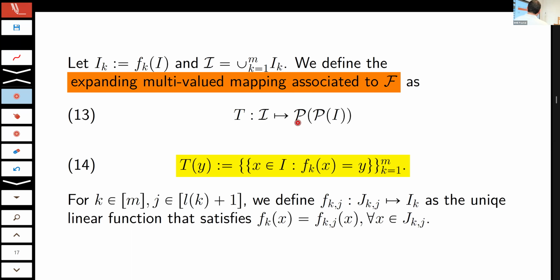Yes, I know it's a bit confusing this way because it seems like a union can do the same thing, but it actually can't. I want to make sure I'm not just following which function is being used, but also which affine piece of the function is being used. That's why I define these little pieces f_{k,j}, which is just the affine piece of f_k over one of its monotonicity intervals j.